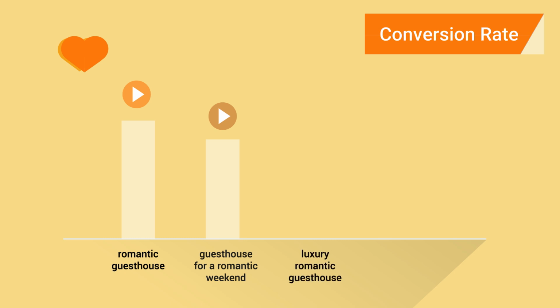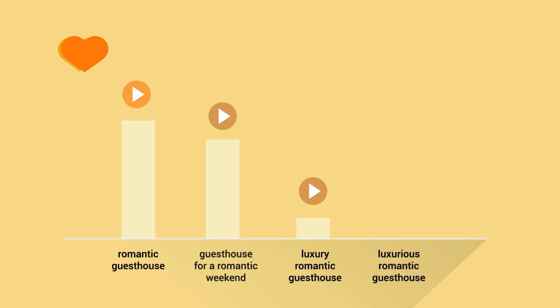But when people search for keywords like "luxury romantic guest house" or "luxurious romantic guest house," the conversion rate drops to only 1%. You've just found something you can improve, and there are lots of ways you might choose to do it. First, you might look at the relevant pages on your website and see if there are changes you could make.